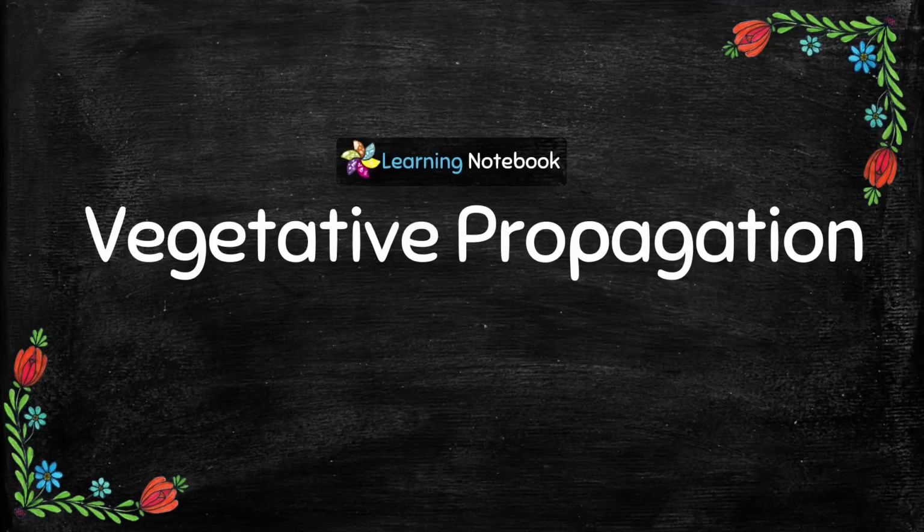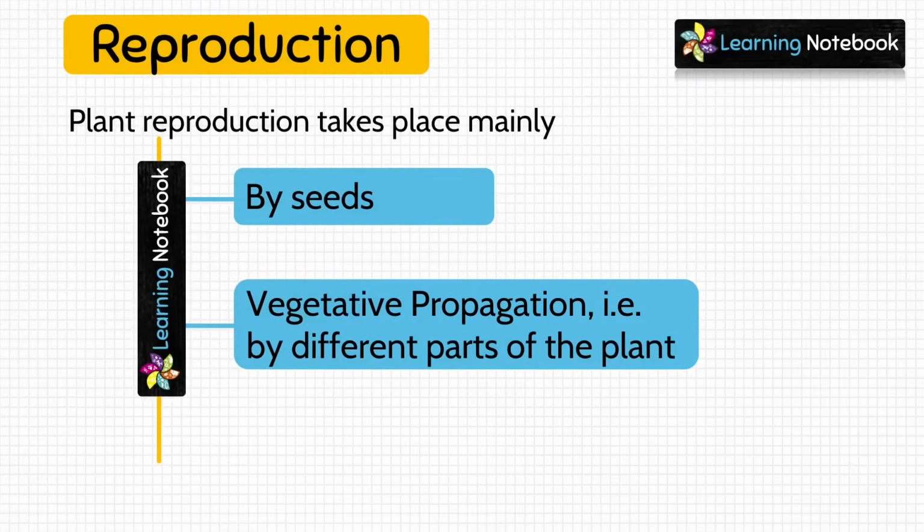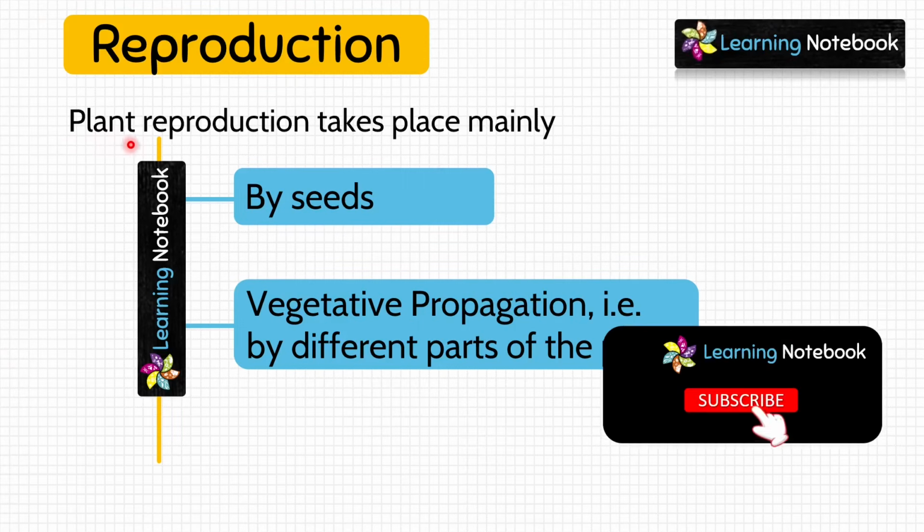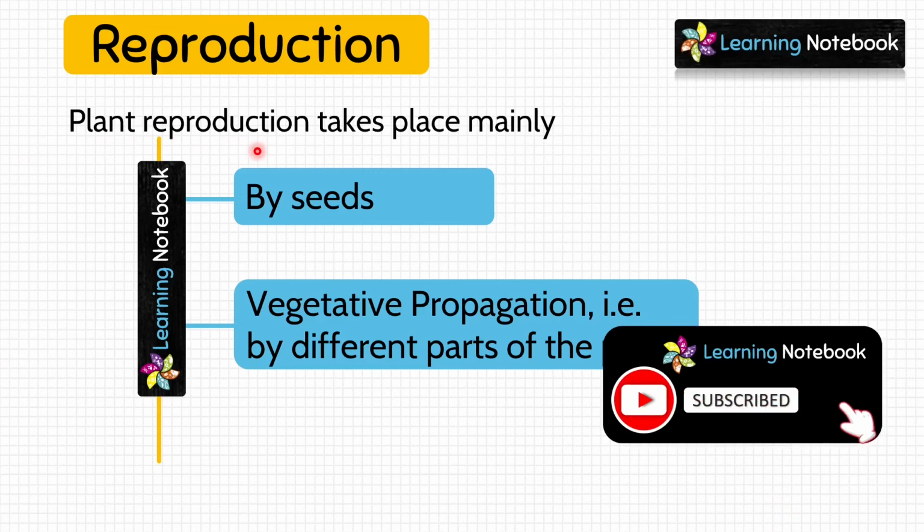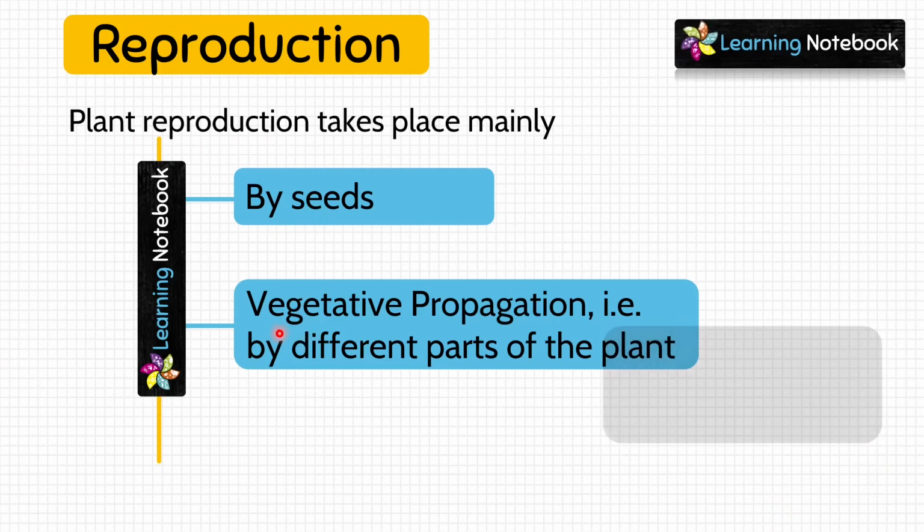Next topic is vegetative propagation. So students, till now we have learnt about the first method of plant reproduction, which was by seeds. Now let's understand the second method of plant reproduction, which is vegetative propagation.